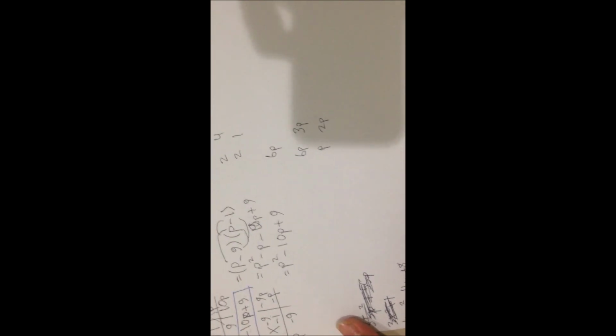But the factor can't be x, because 8 doesn't have x. Even if the other two do, 8 doesn't, so it can't be x. So what you write is the 4, because this is the highest common factor, and then you write the rest of it.